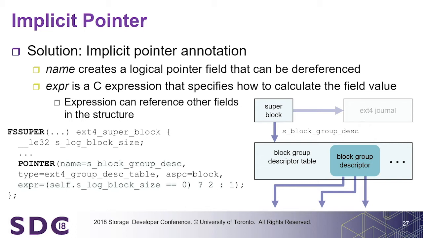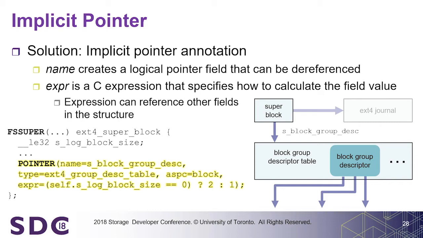So our solution is to provide an implicit pointer annotation that takes 2 additional arguments, a name and an expression. The name argument creates a logical pointer field that can be accessed and dereferenced. The expression argument is a C expression that specifies how to calculate the field value, which is the pointer address.